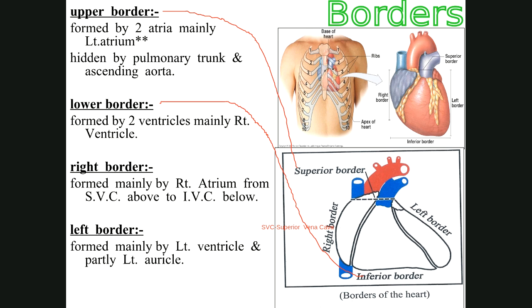Okay, the left border is formed mainly by the left ventricle and partially by the left auricle. See here, this part makes the major part of the left border of the heart. So this is clear here.